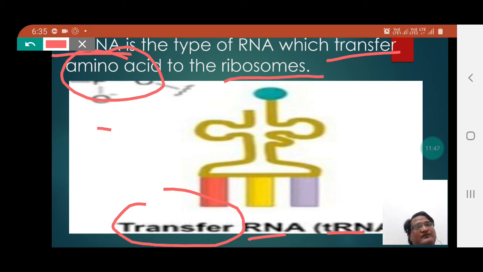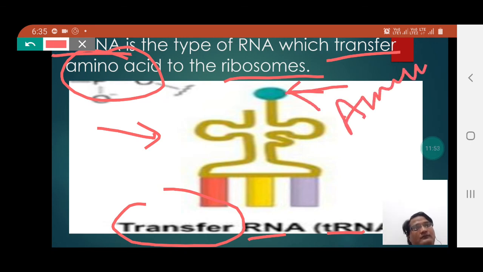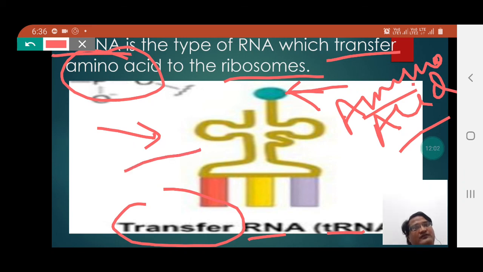Now students, in this picture, if you concentrate, we will be able to notice the amino acid which is present at the top of the tRNA. Students, this is the tRNA.